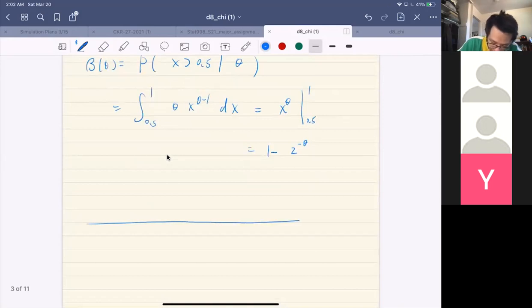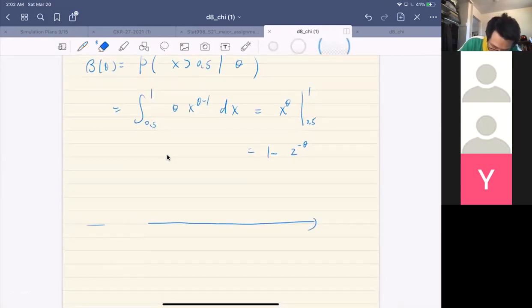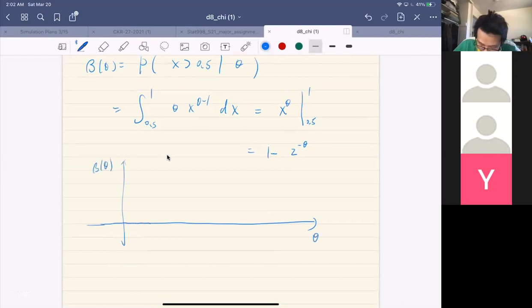So we can draw a graph. Theta should be positive, so the x label is theta and the y label is beta theta. When theta is 0, the power is 0, and eventually it's 1. So it's an increasing function.